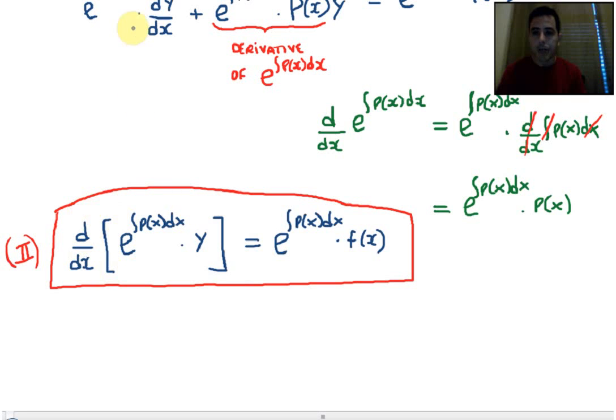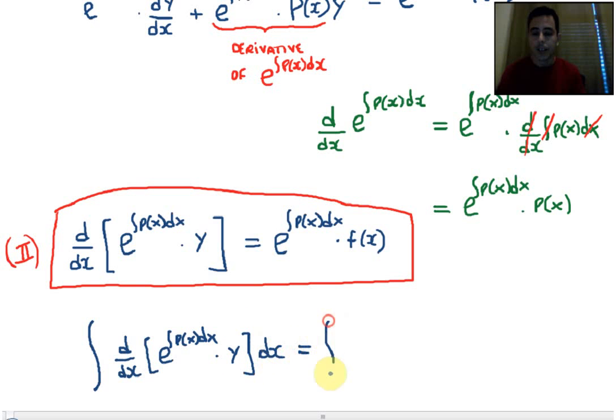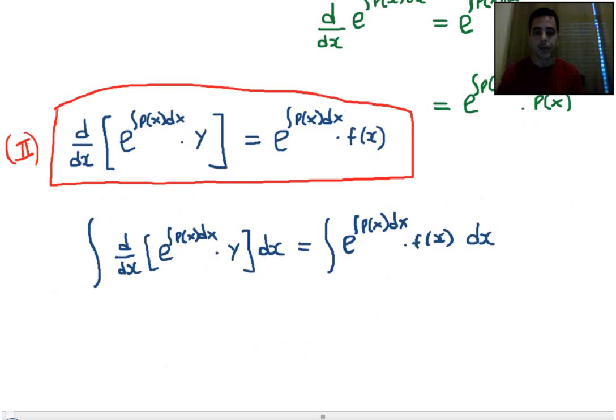Because if you integrate both sides of this equation, if you integrate here, d/dx of e to the integral p of x dx times y dx, and then the other side you do the same thing. So you're integrating both sides.